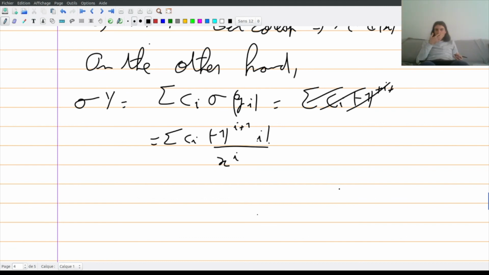And so if you write the expansion of y as a rational function at 0, you can prove the following exercise.